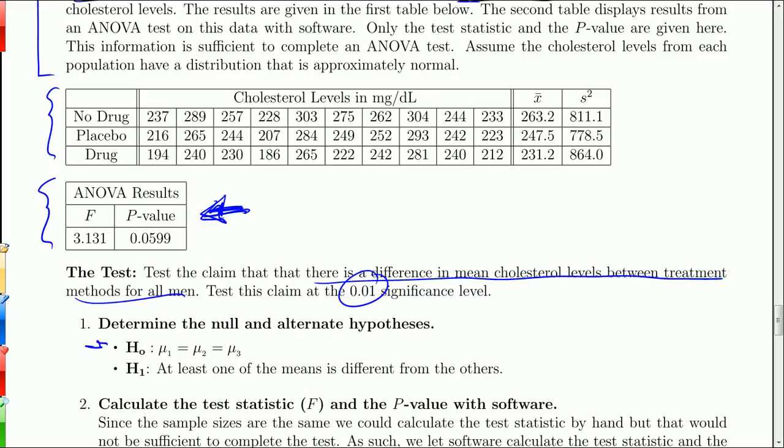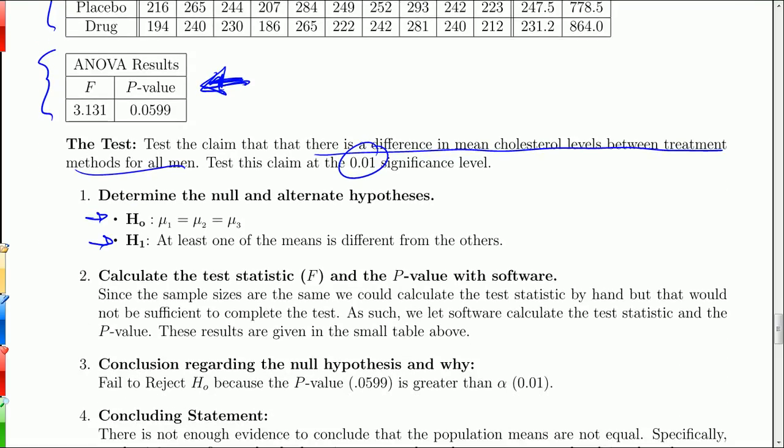So the null hypothesis is that all the means are equal, and the alternate is that at least one of the means is different from the others. So we calculate the test statistic and the p-value using software, and that's what I did here, right? So we're done. That step's extra easy in this particular presentation of ANOVA.